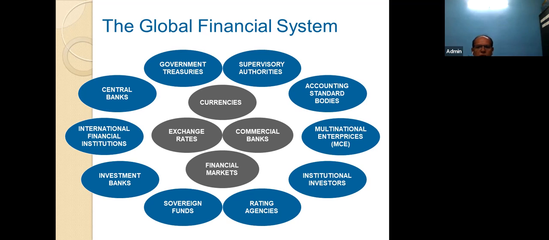How do they value their closing stock? How do they charge their depreciation? That disclosure policy should be followed by each and every company. And this helps in maintaining transparency between transactions.